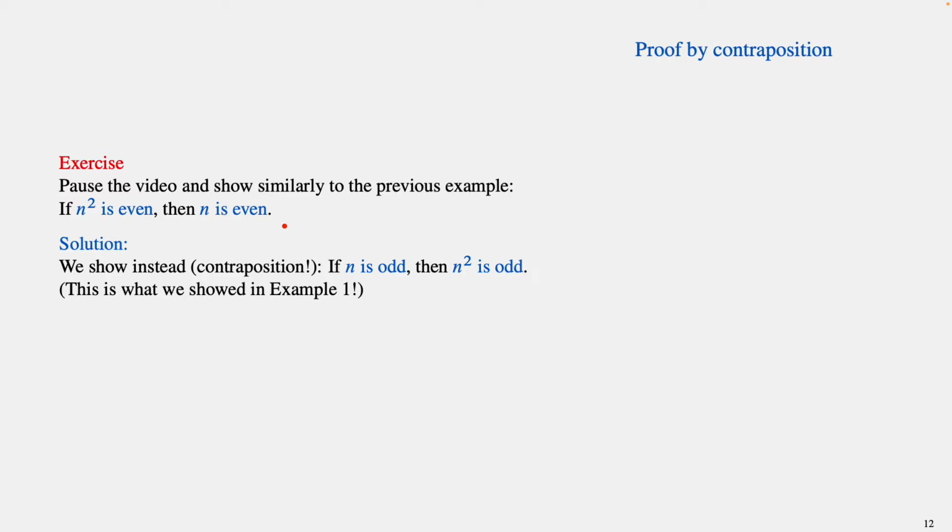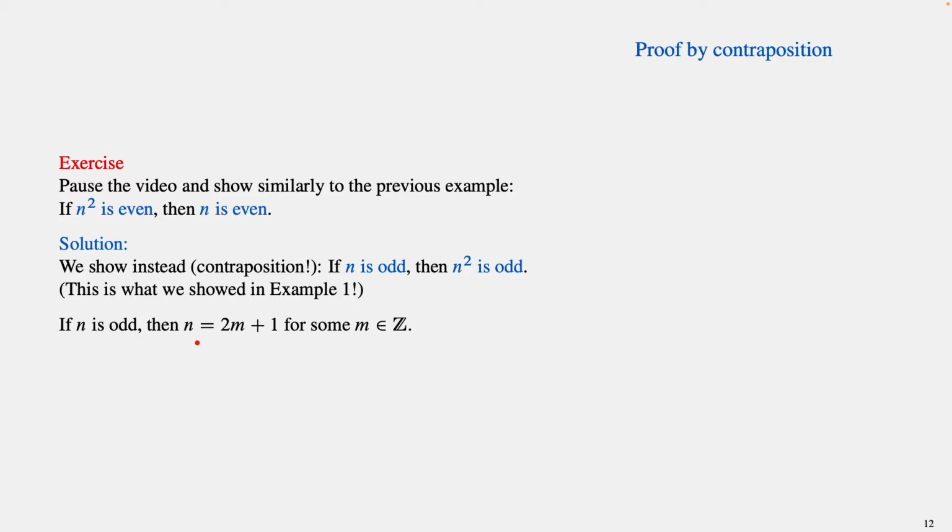Okay, so I hope you gave it a try. And did you notice that what we have to show here is essentially the same as we did in example 1? We use contraposition, which means if n is odd, then n square is odd. And in example 1 we formulated this with two sets, x and y, but the computation is exactly the same, but I will go through it once more.